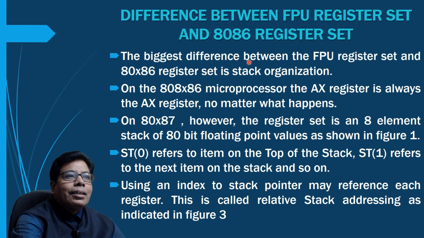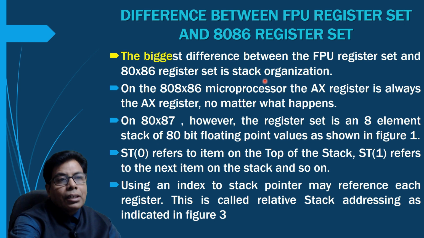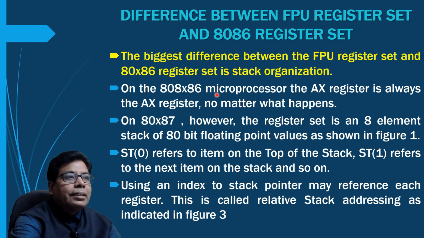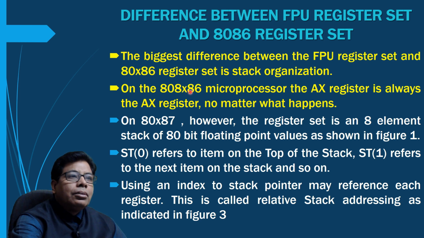Then let us understand the difference between the floating point unit register set and the 8086 or 80386 register set. The biggest difference between the floating point register set and the 80x86 register set is stack organization. So what does stack organization mean? In 86 or 386, the AX register is always the AX register.